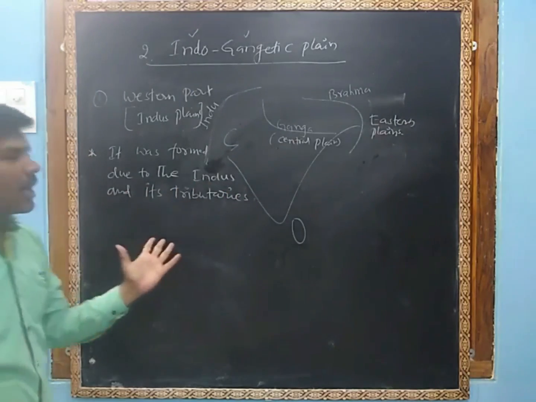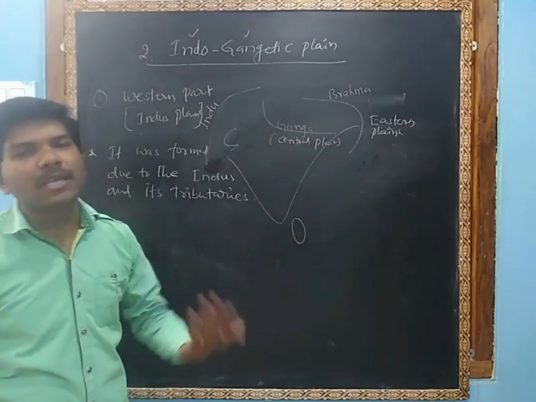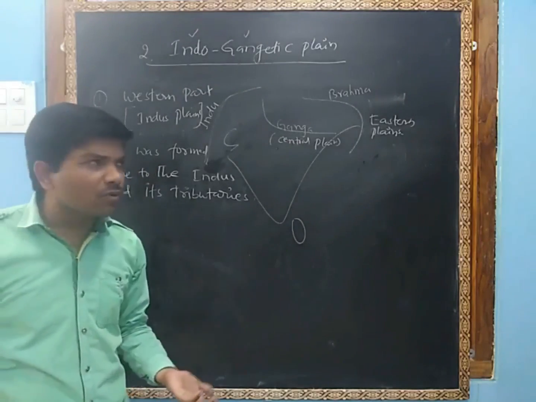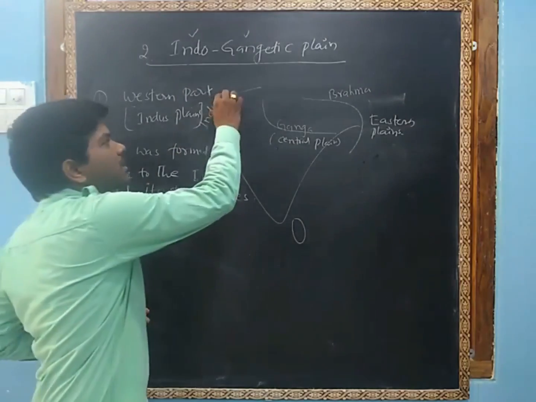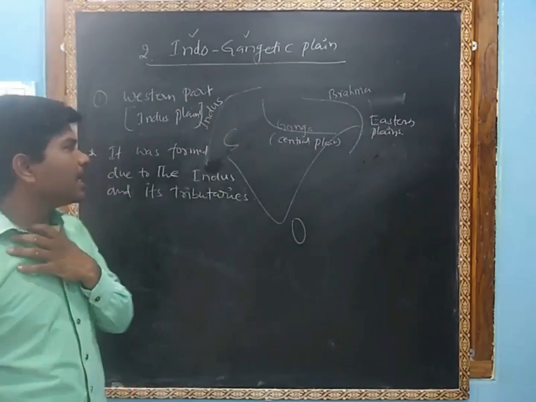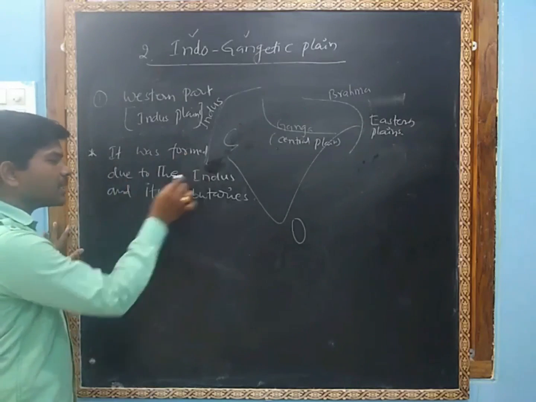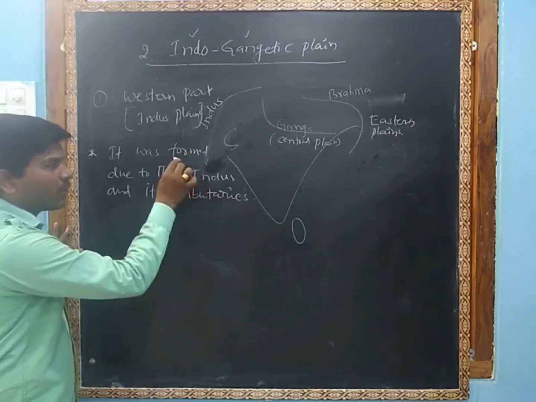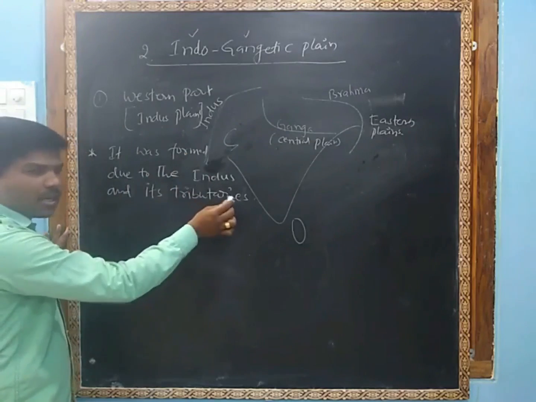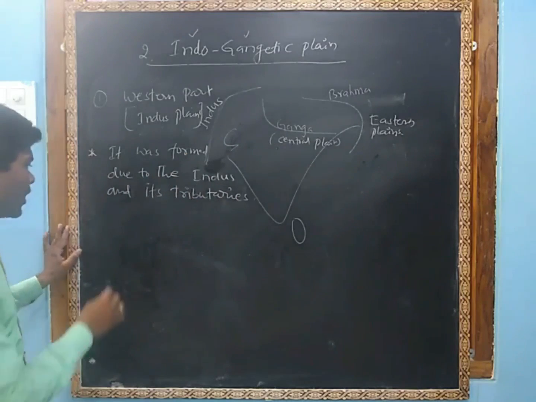I repeat, they may ask how the western plains were formed, or how the Indus plains were formed. The Indus plains were formed due to the Indus and its tributaries.